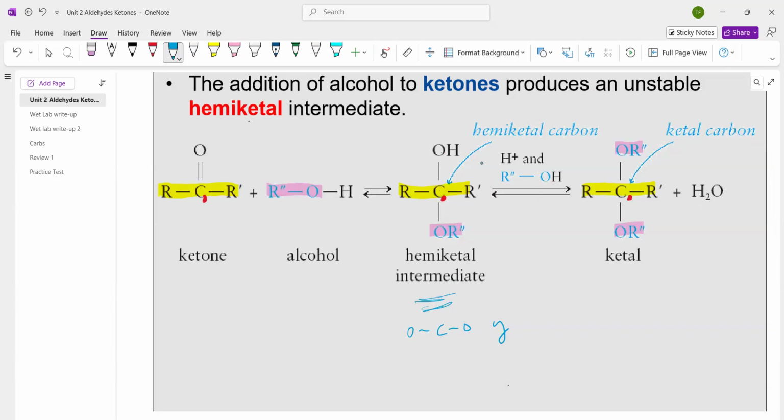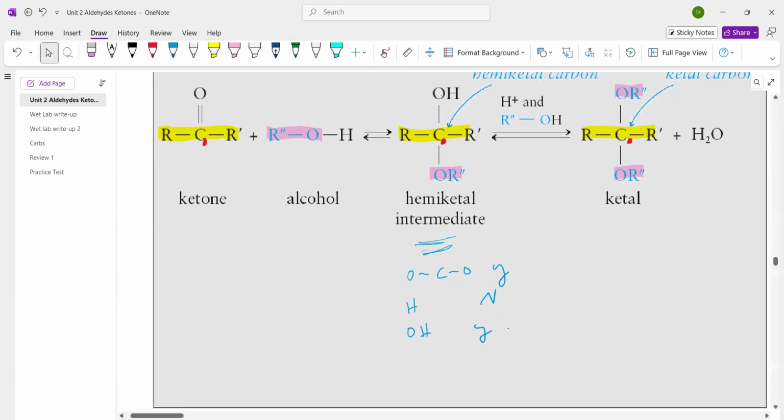We have O, C, O. Is H present? No. And is OH present? Yes. And that means, because this is no, this is a ketal. And with OH present, it's a hemi. So it's a hemiketal.